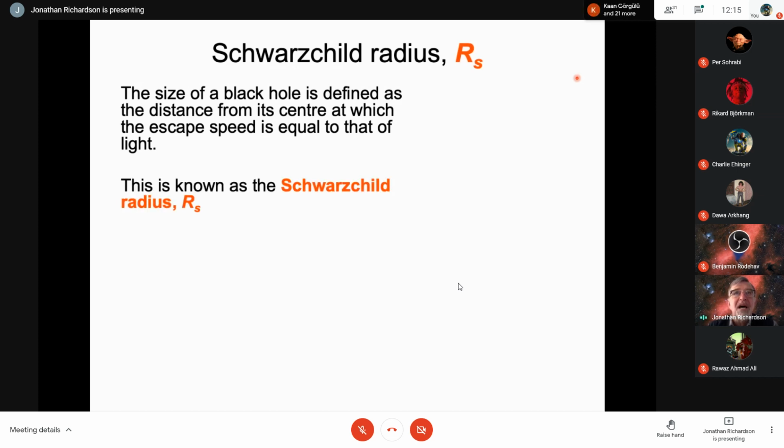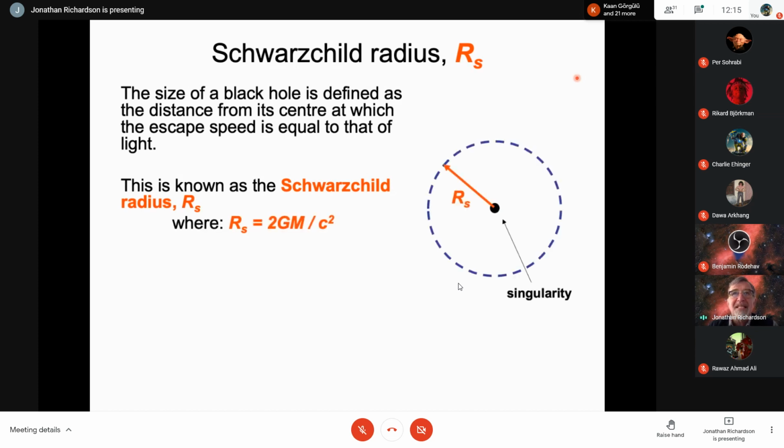And this is known as what's called the Schwarzschild radius. It's defined, Schwarzschild radius = 2GM/c². You may recognize this as part of the equation where we calculated the escape velocity.